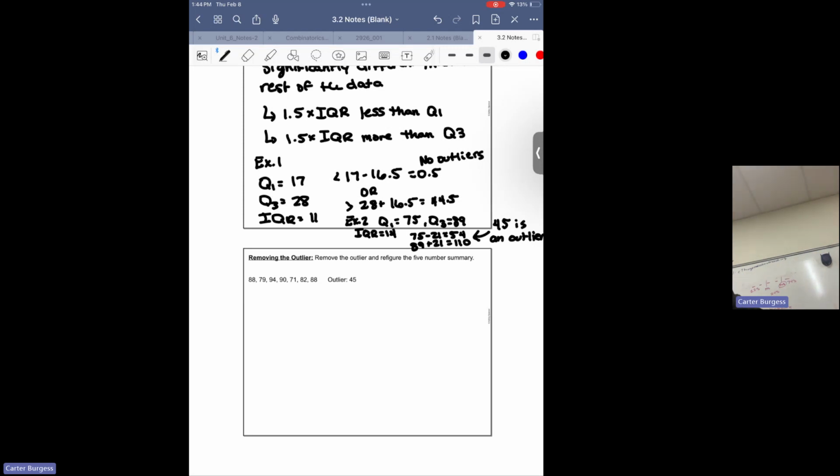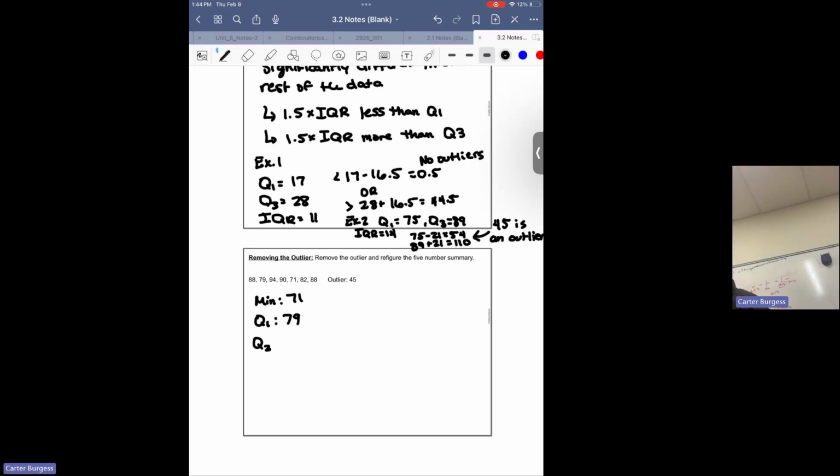And what I want us to notice, you're more than welcome to run this yourself, but if you just delete that 45 from your data here, our new min changes pretty drastically. It's now going to be 71. Our new value for Q1 is now 79.